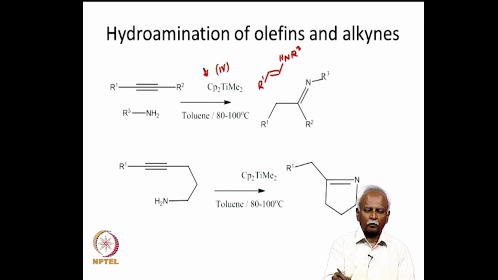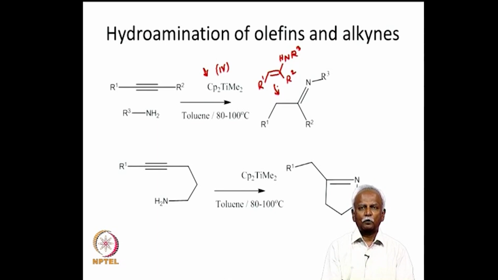So, this is the tautomeric form of that molecule, and that just involves the addition of an amine to the alkyne. All we have done is add on a hydrogen and an R3NH group to the alkyne, and this will readily isomerize to this species which we have listed.